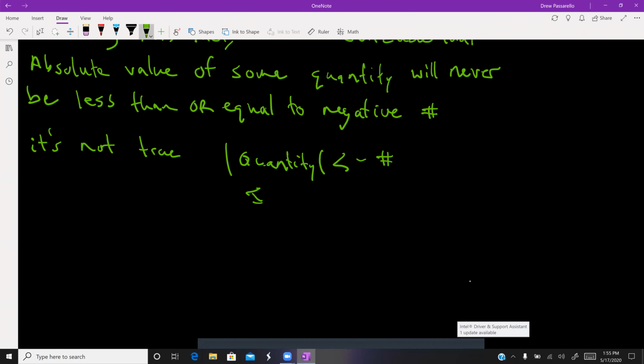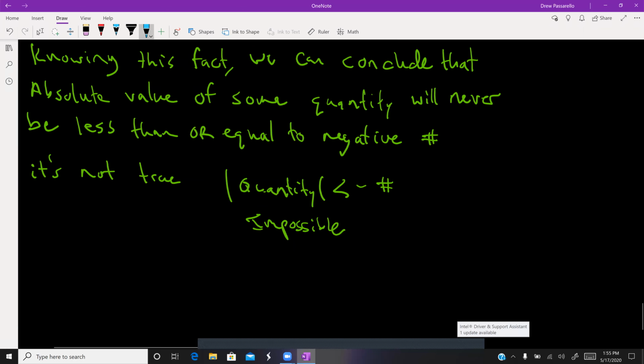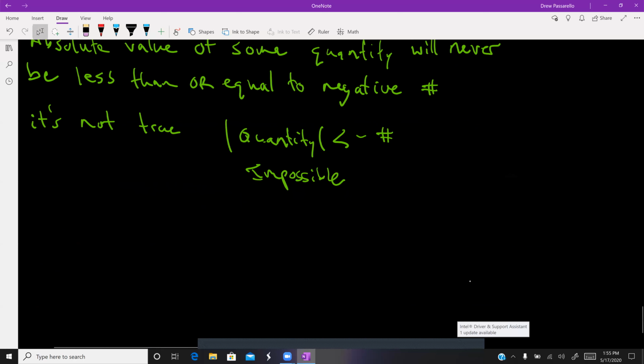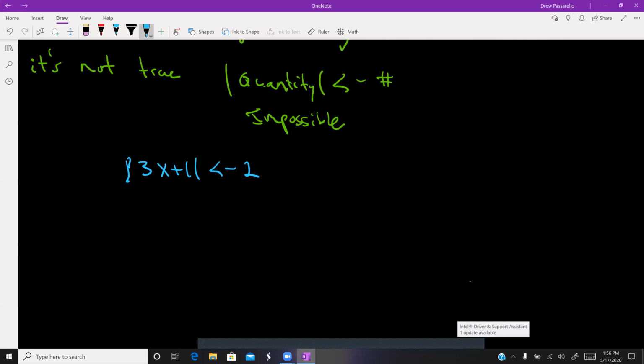So for our question, we have at this stage the absolute value of 3x plus 1 less than negative 2. And so it really doesn't matter what's inside the absolute value sign, since we know it's going to result in a positive number.